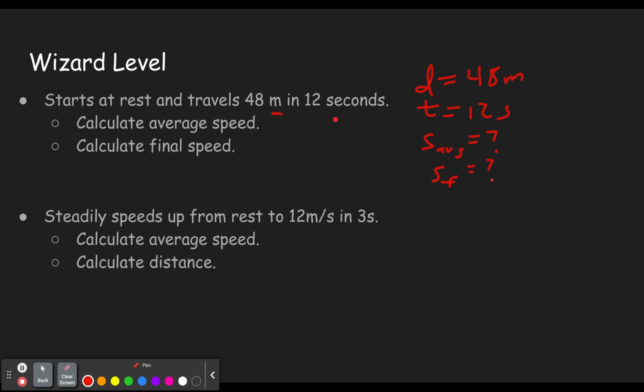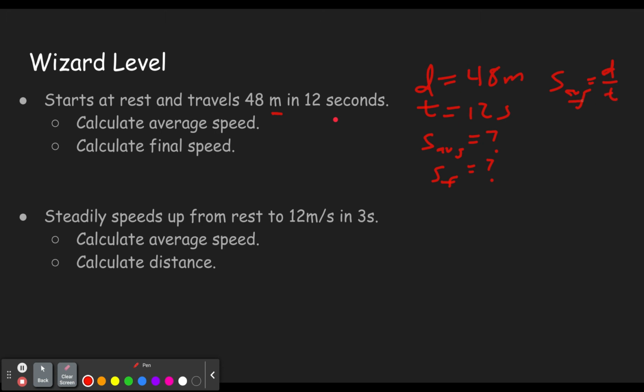Okay, and this problem could have a calculation that's average speed matches up with it, one that says the average speed is such and such, or one that says the final speed is something. So let's calculate both of those. So we see S average equals D over T. Okay, well, that was our equation for average speed.